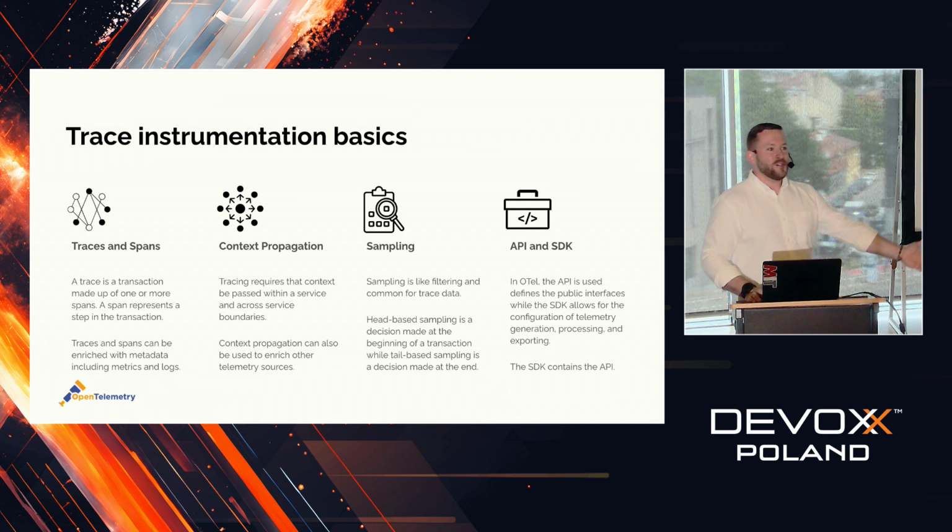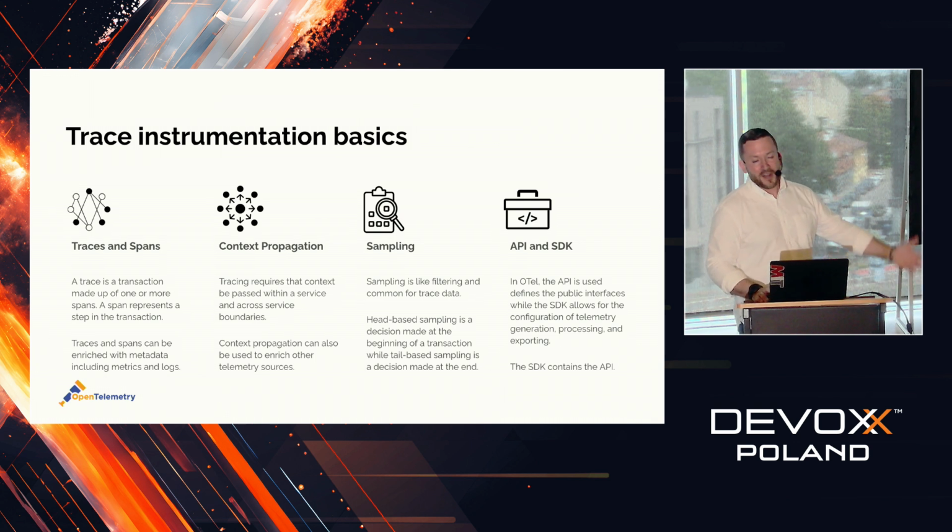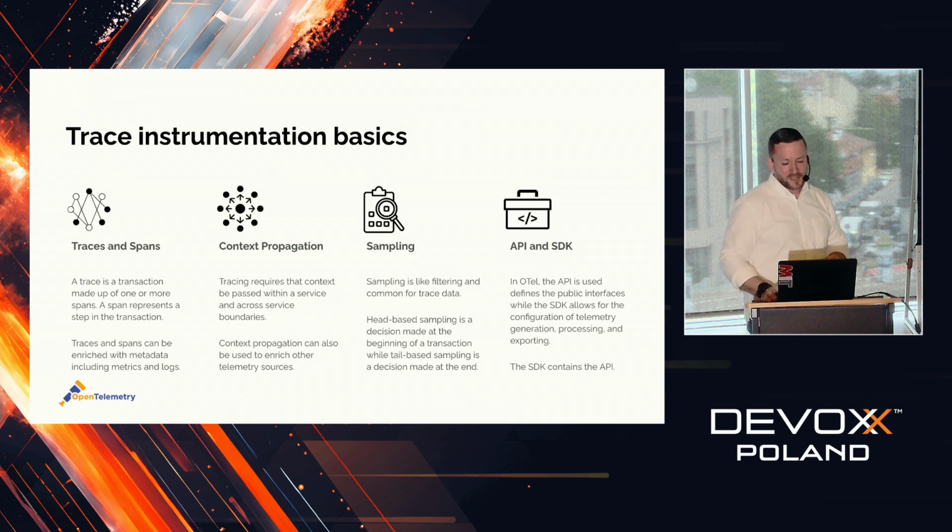All right, now in order for me to show you tracing, I have to explain some concepts real quick because they're super important. This isn't a deep dive on tracing in general, but we talked a little bit about traces, right? Traces contain spans. Spans are individual requests that are happening within a transaction. A trace is the entire transaction end to end, like what behavior, what services were called. In order for tracing to work, it uses something called context propagation.